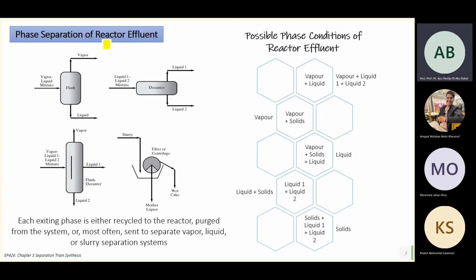The separation of reactor effluent. So you will have various phases and mixtures. If your effluent contains a vapor and liquid mixture, you can propose to use a flash column to separate the vapor and liquid stream.